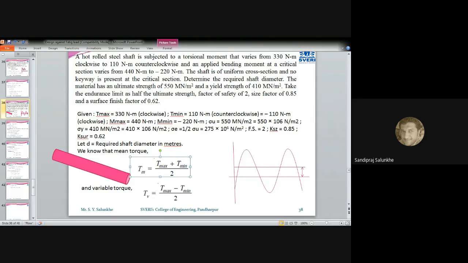Okay. What value are you getting for average torque? 220. 220.